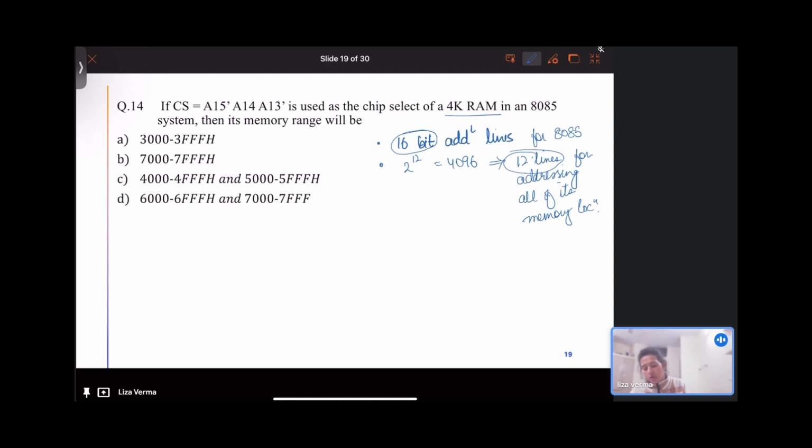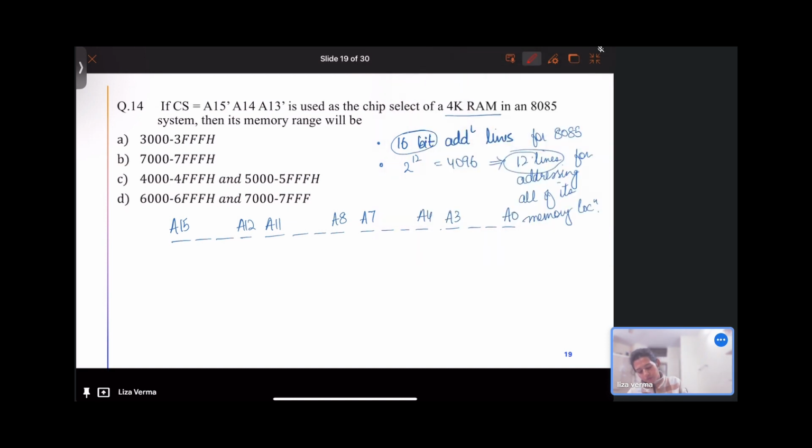the 4K RAM, right? So if we had 1, 2, 3, 4, 16-bit lines, this is A0, A15, A3, A4, A7, A8, A11, 12, right?